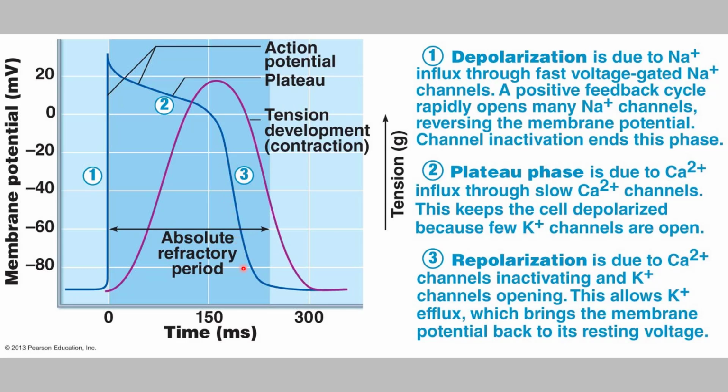It has to come all the way back to rest before it is capable of another action potential. So now, that is the action potential of a contractile cardiomyocyte.